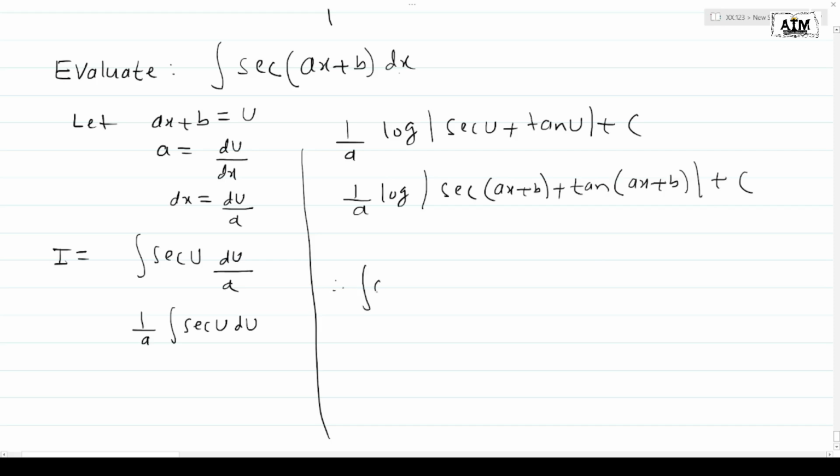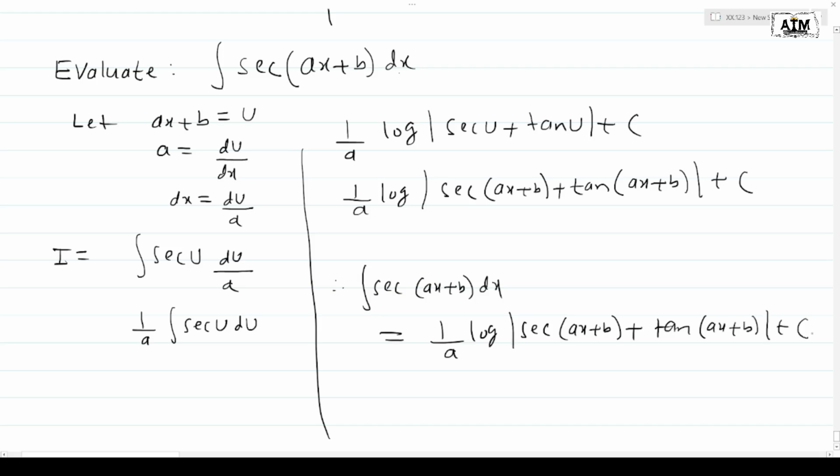Therefore, integration of sec ax plus b with respect to x equals 1 upon a log modulus sec of ax plus b plus tan of ax plus b plus c.